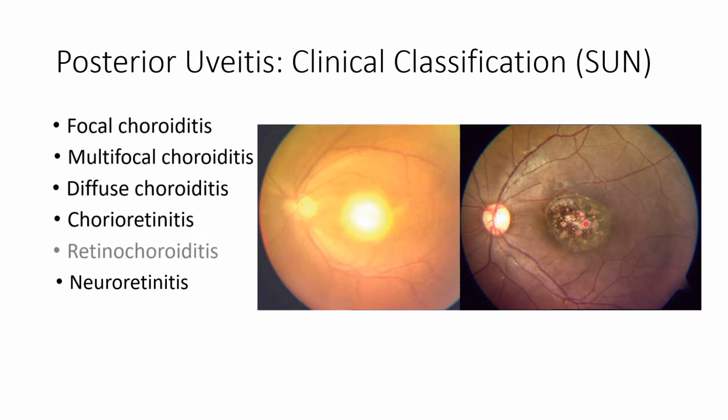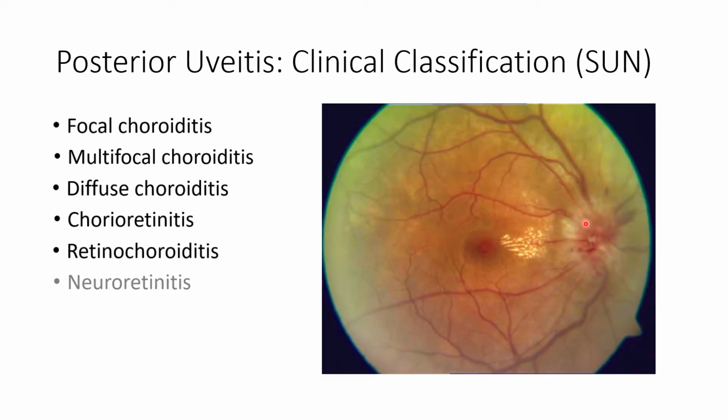So there is complete atrophy of the overlying retina and choroid. Then there is involvement of the optic nerve head along with the retina and choroid. This is known as neuroretinitis. So when there is optic nerve involvement, it is neuroretinitis.